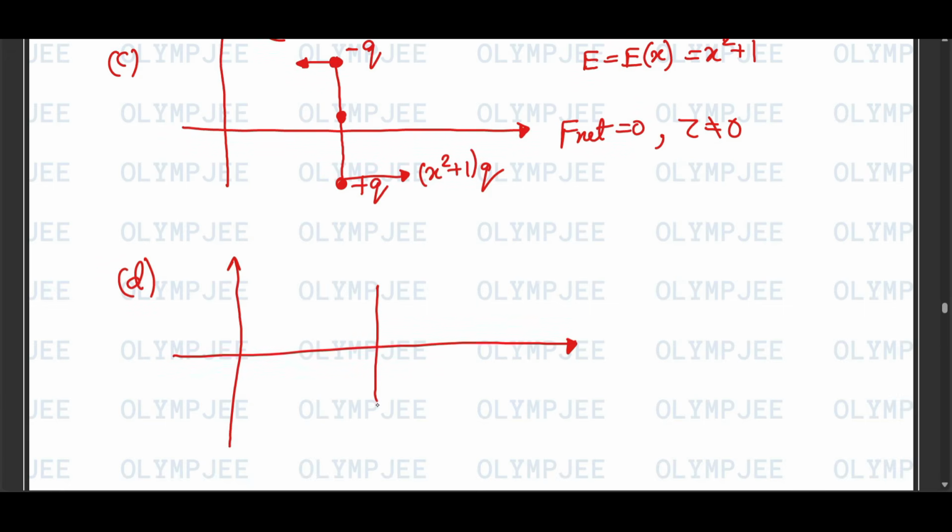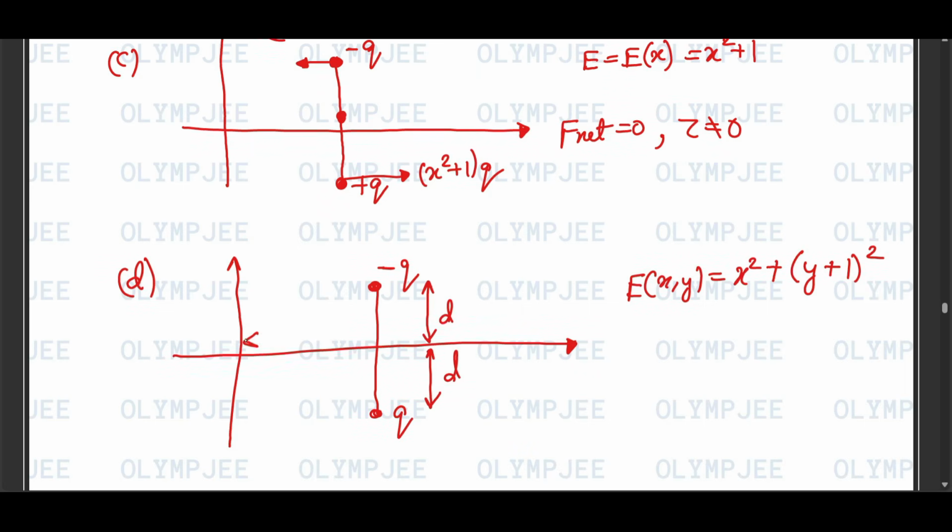So let me take in this direction, and here field is a function of x and y both. So let us assume x square plus y plus 1 square. So let us assume that this is at a distance d and this is also distance d, and this is a distance of c.